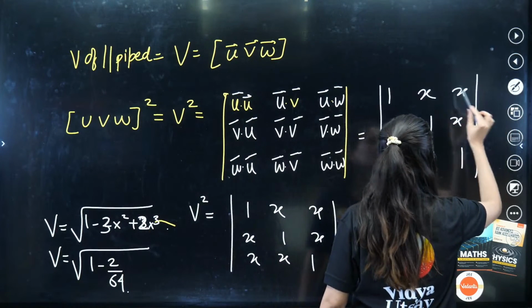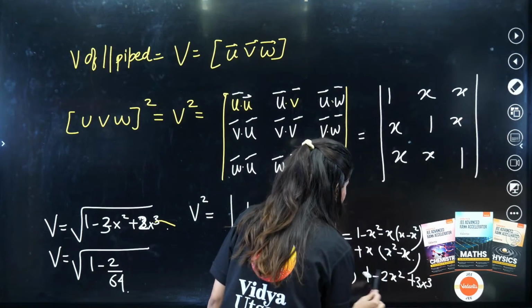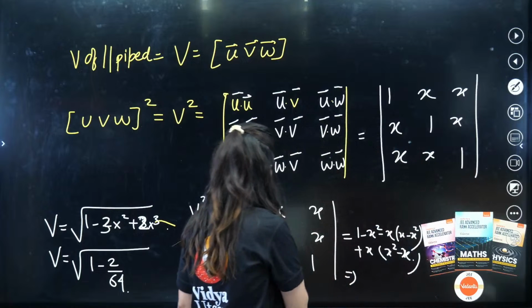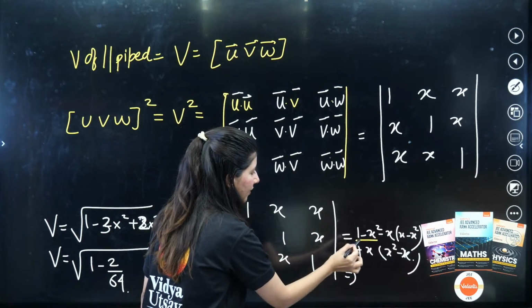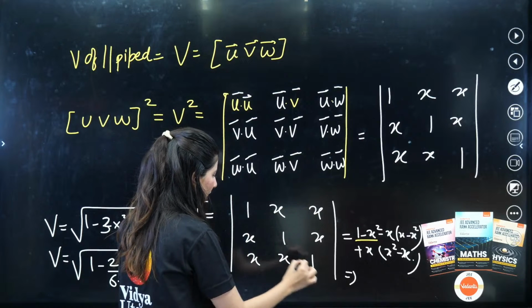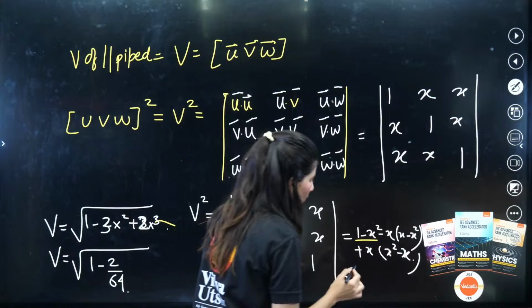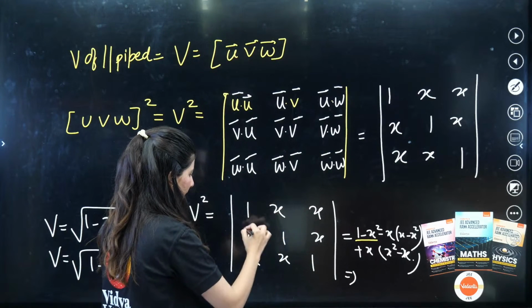Let me just give you the final volume square. So this is going to be 1 minus x square, clear. Then minus x times (x minus x square), clear. Then plus x times (x square minus x).